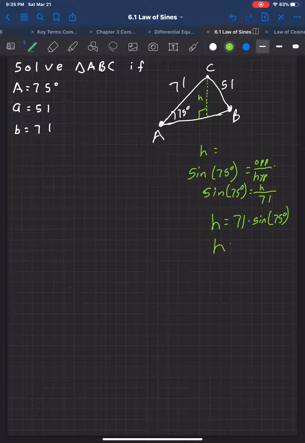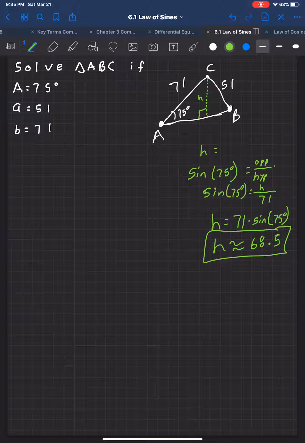All right. H is roughly equal to, what do we got? I'm getting 68.5. Ready?